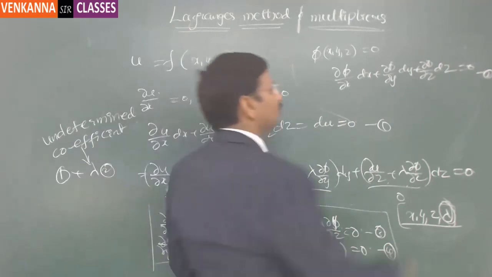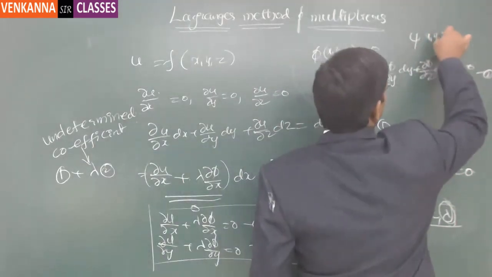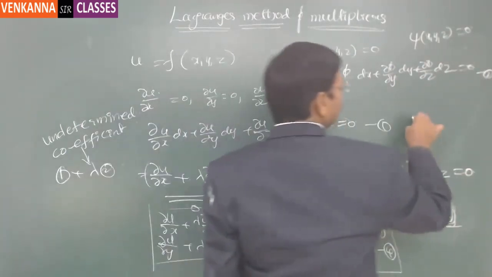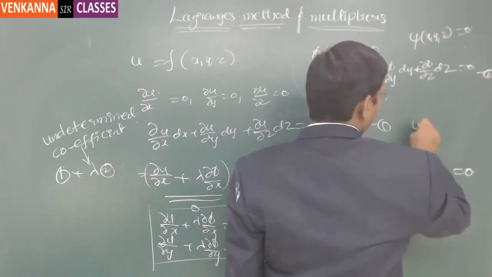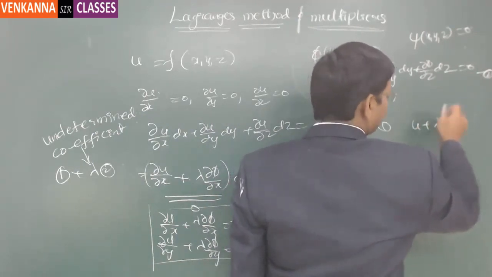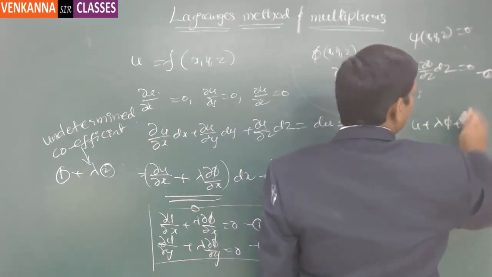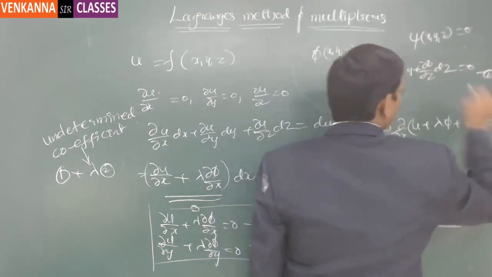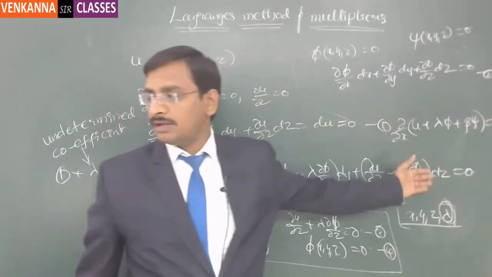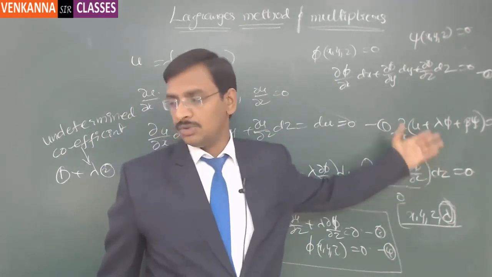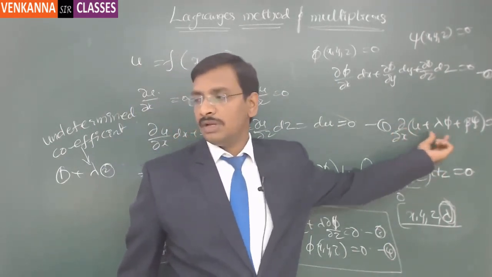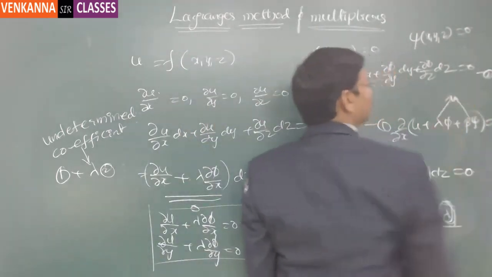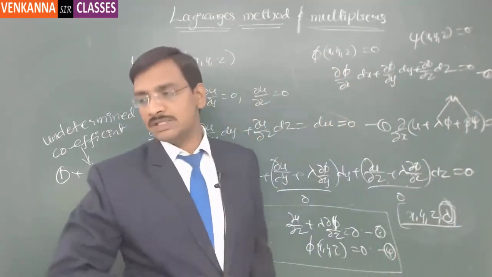Suppose there is one more condition, let us say ψ(x, y, z) = 0. If this is also a condition, then we take lambda and one more constant: u + λφ + βψ. So ∂/∂x of this should be equal to 0, similarly for y, similarly for z. Here two different undetermined coefficients come into the picture, because there are 2 constraints to be satisfied.